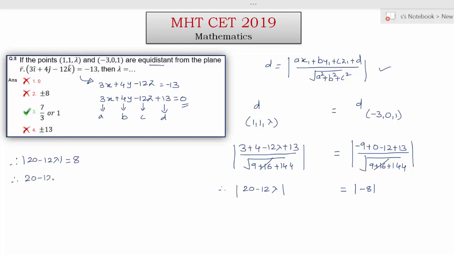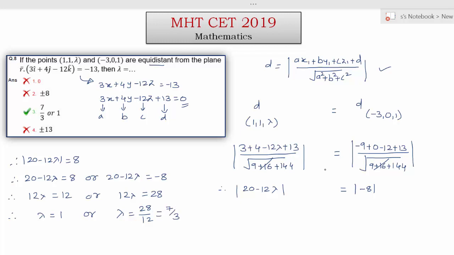That means 20 minus 12 lambda is 8, or 20 minus 12 lambda is minus 8. Therefore, we get 12 lambda is equal to 12, or 12 lambda is 28. This gives lambda as 1, or lambda as 28 by 12, that is 7 by 3.